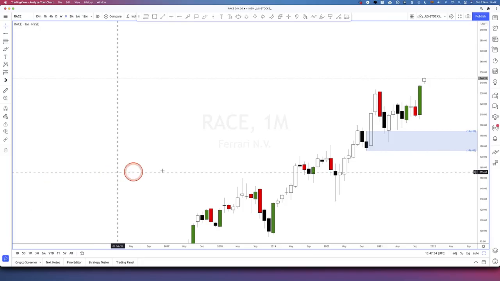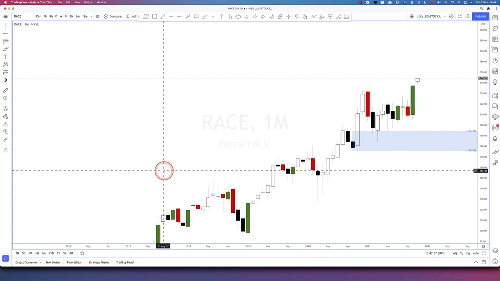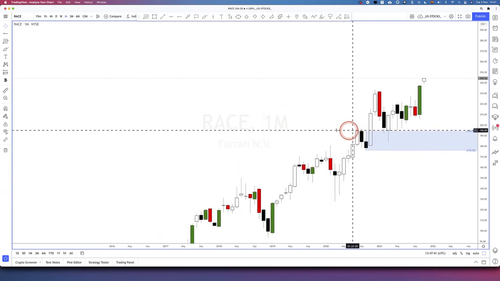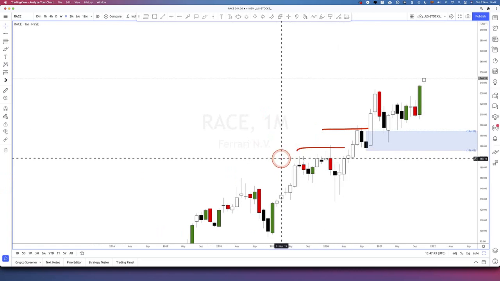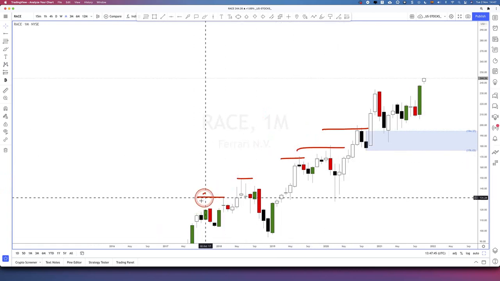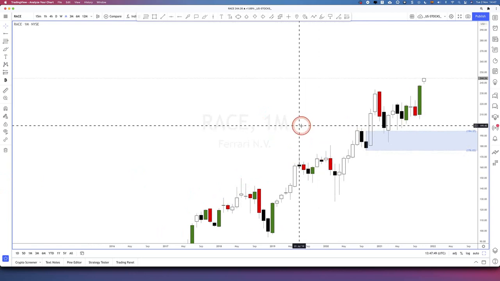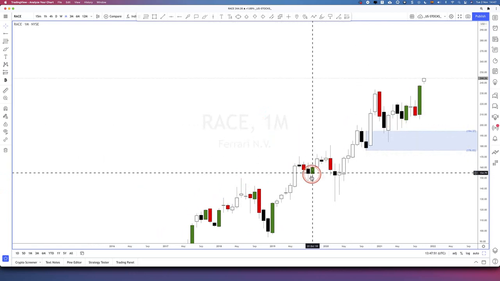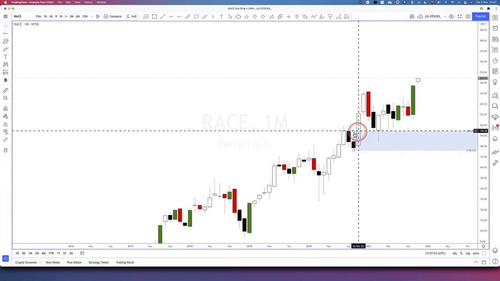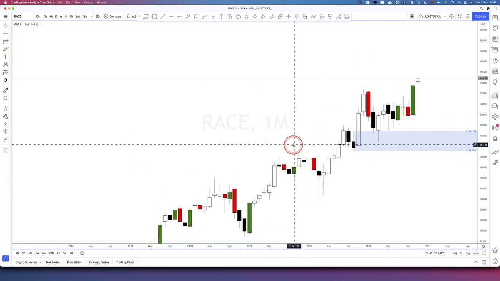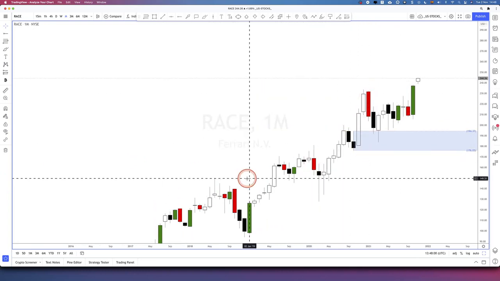Okay, this is Ferrari ticker. This is a stock. So we have the monthly time frame, and these are all-time highs. All-time highs every few months, all-time highs broken. So here at around $200 per share, price rallied and created an impulse that was strong enough to consolidate away, and that means that we have a new imbalance over there.